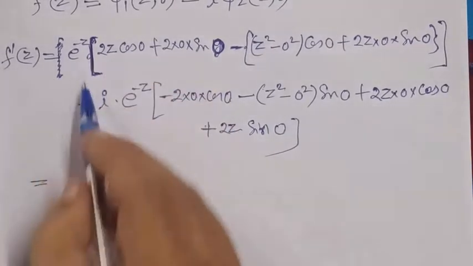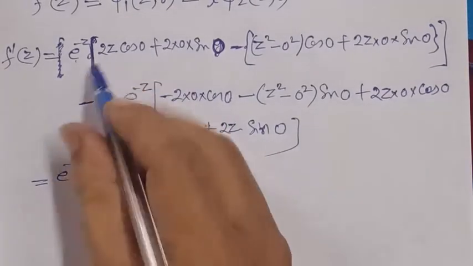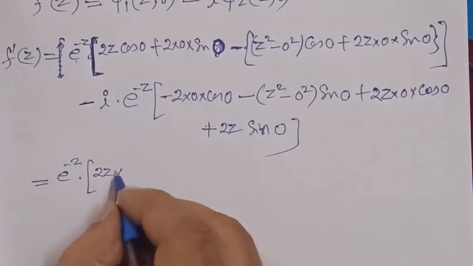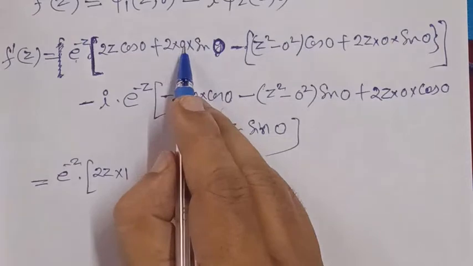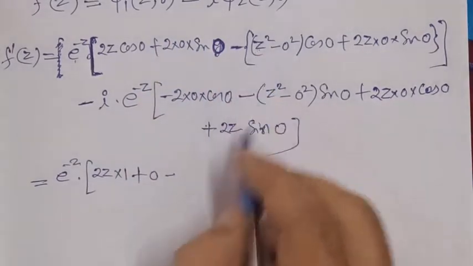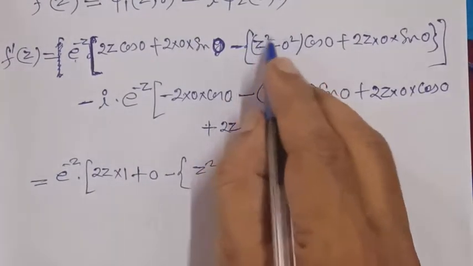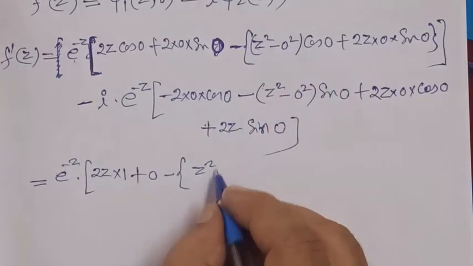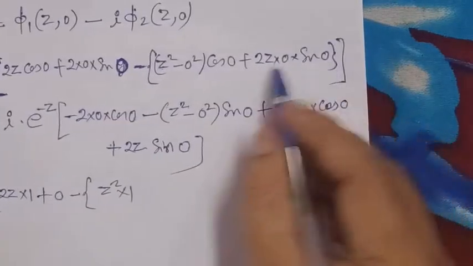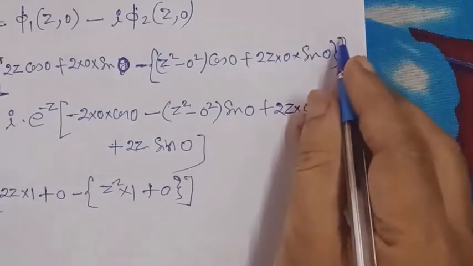So we write e^(-z), bracket here, cos 0. We know that the value of cos 0 is equal to 1, and 0 multiplied to this value equals 0, minus curly bracket z² minus 0 is equal to z², cos 0 is equal to 1, and 0 into this value equals 0, so we can write the whole value 0, and close this bracket.